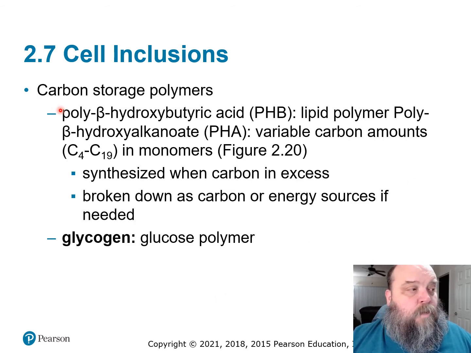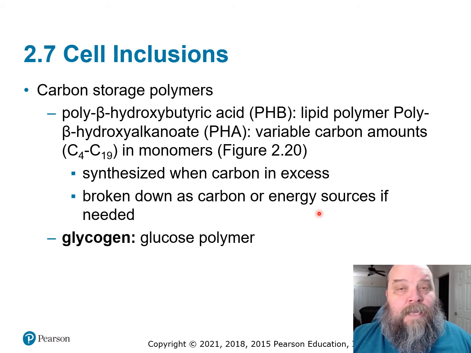There's going to be ones that are carbon storage. They call them poly-beta-hydroxybutyric acid, PHB. These are going to be long chains of organic molecules that have been overly synthesized.